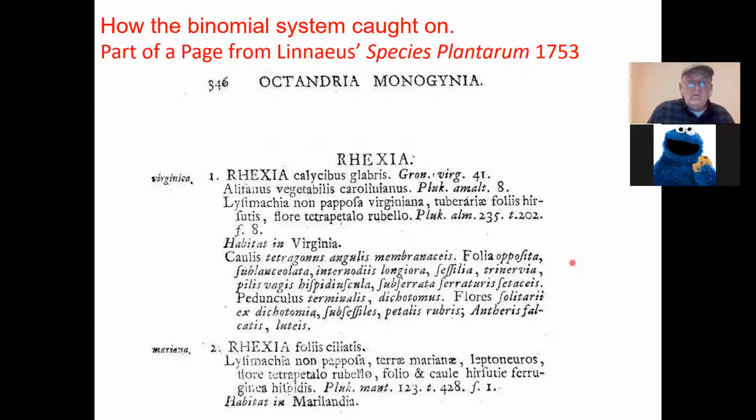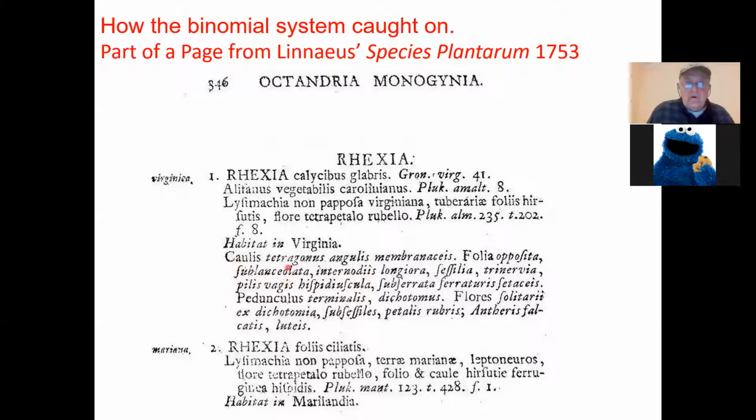This is a page from the 1753 publication. Linnaeus stuck one of the Latin words out here, not Virginiana, but Virginica, a meadow beauty genus, and he stuck Mariana, which has to do with Maryland, out to the side. What happened is the marginal name caught on.